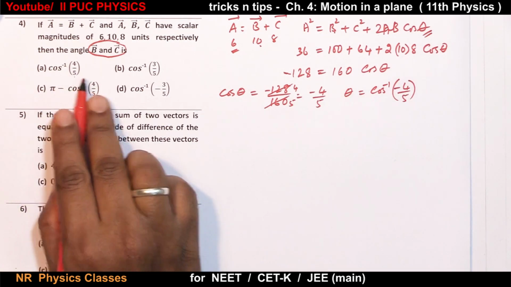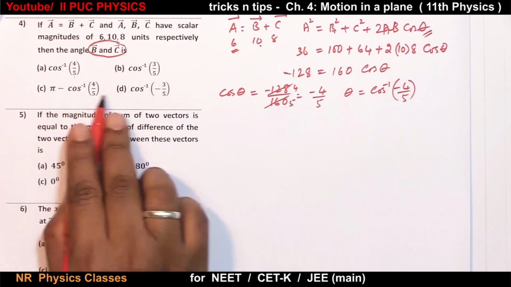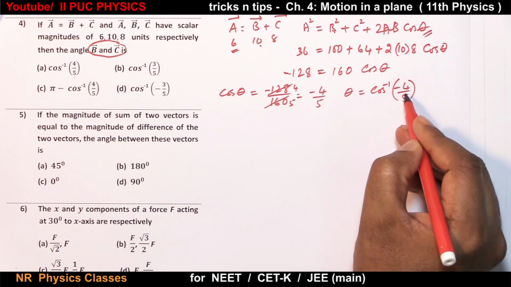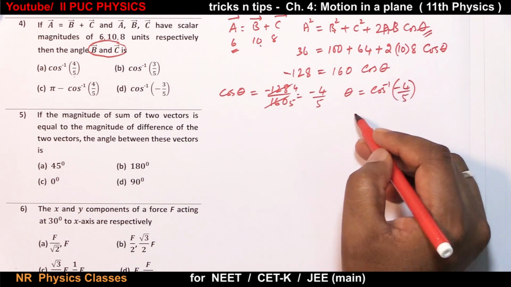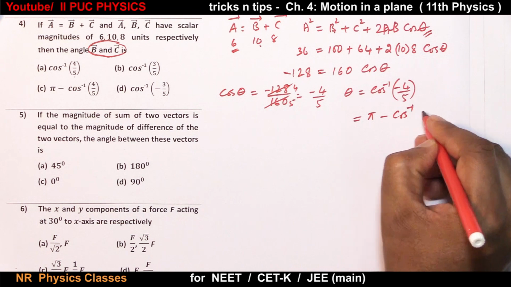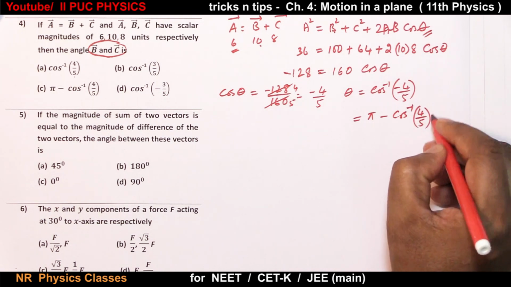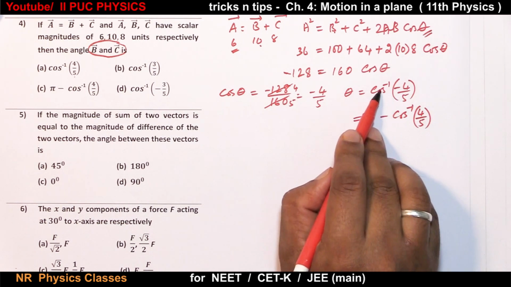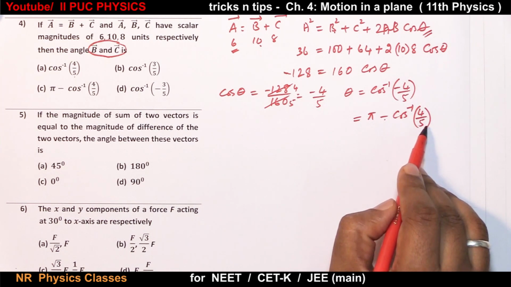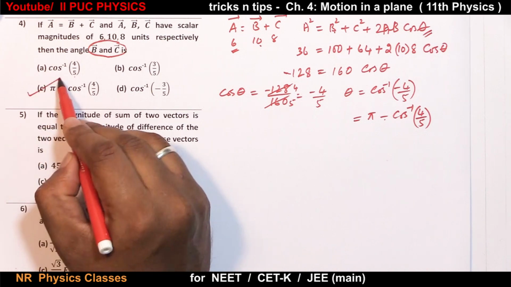They have expressed cos inverse of minus x as pi minus cos inverse of 4 by 5. Whenever you have a minus sign for cos inverse, make sure that it is pi minus cos inverse of the positive value. Okay, so here is the answer.